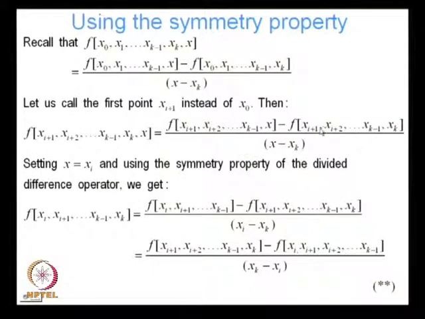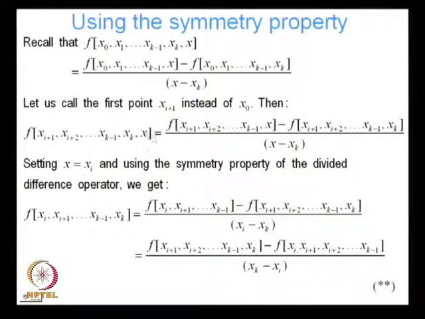Here I have again xi plus 1, xi plus 2, up to xk minus 1, xk, and I am dividing by x minus xk. Then I set x equal to xi, right, and then I use the symmetric property of the divided difference operator. Because of the symmetric property, in f of xi plus 1, xi plus 2, up to xk minus 1, xk, x, where I have replaced x by xi, I can move the xi right in front, right.